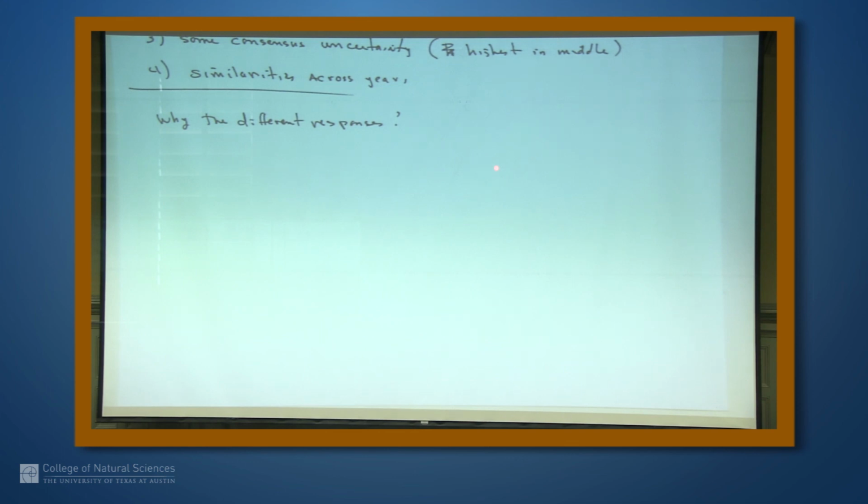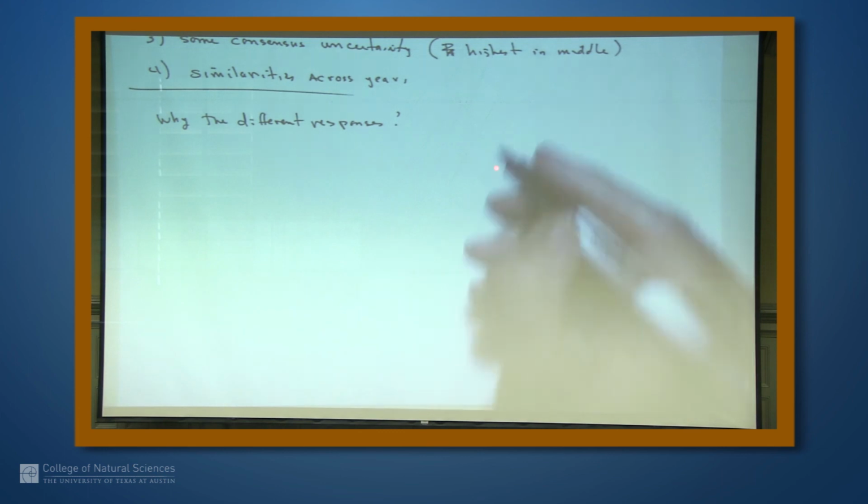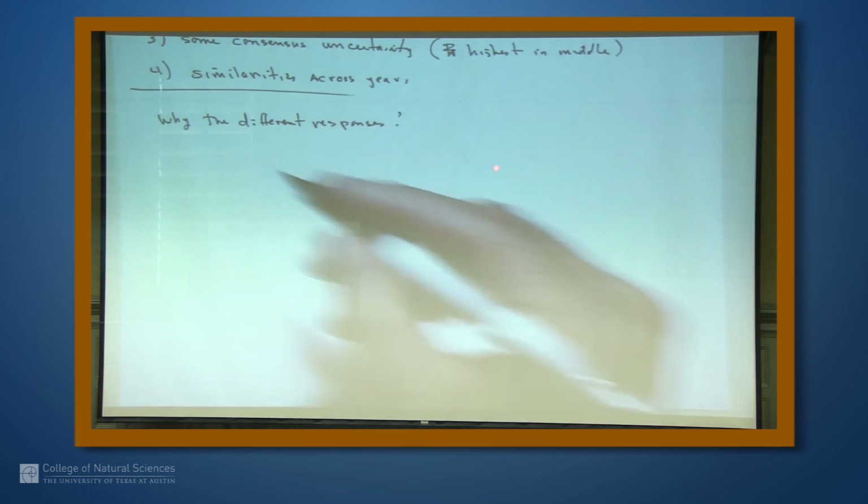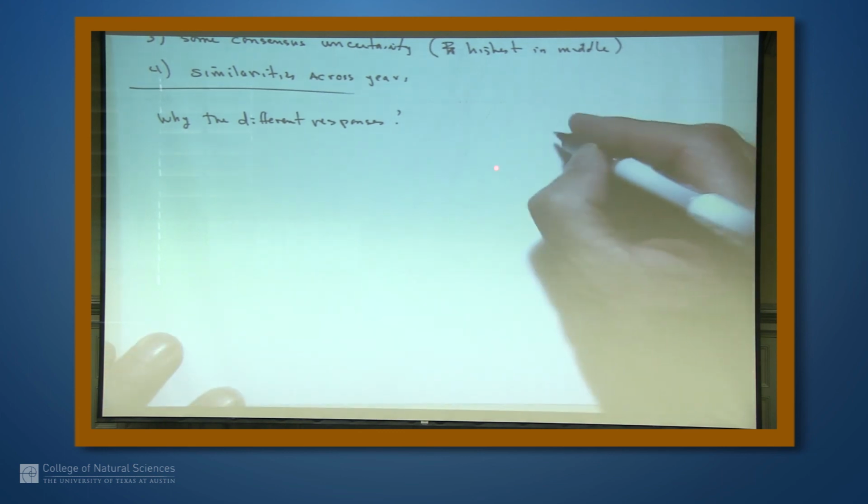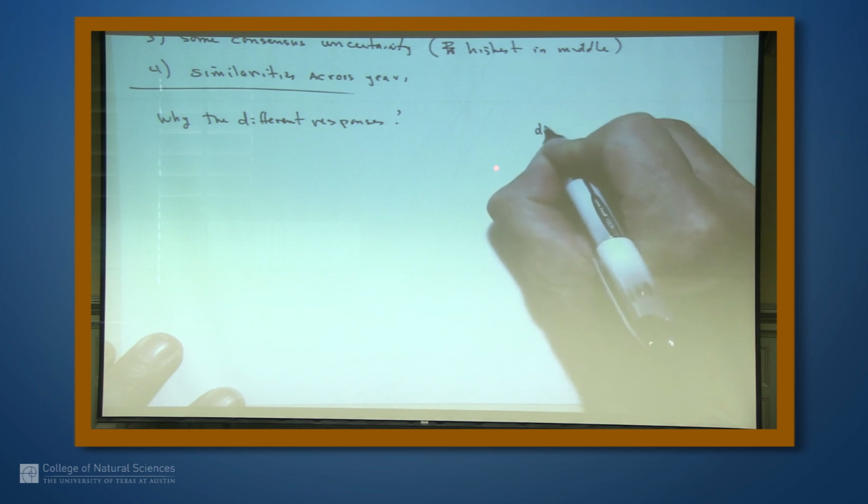So what's going on here is, why is there so much scatter on some of these things? Basically, different beliefs could come from what? She said we could say different cultural backgrounds.